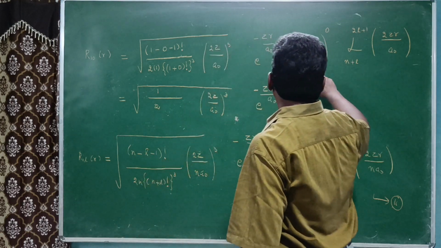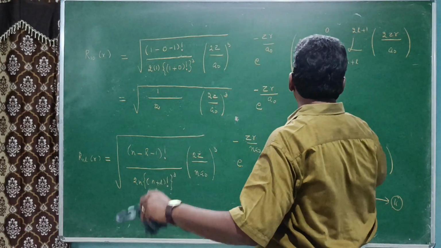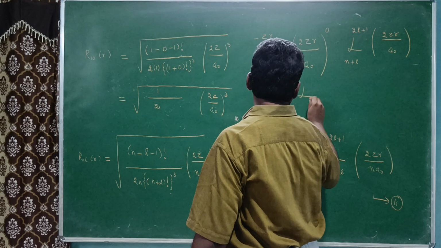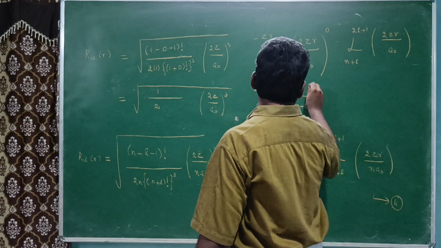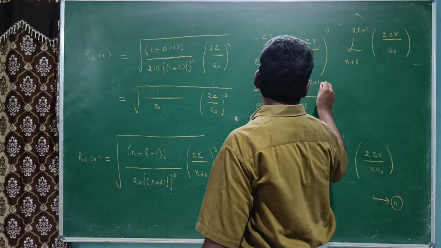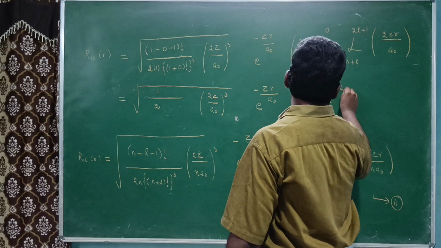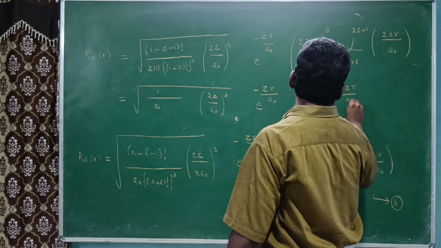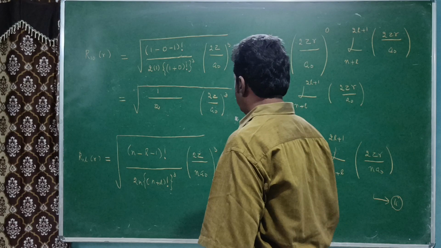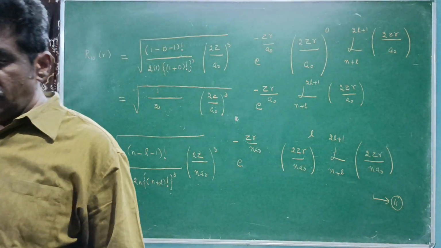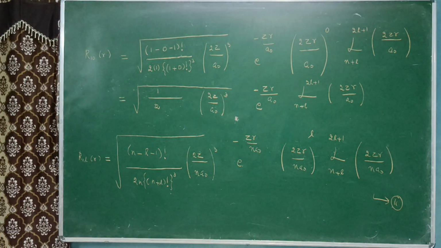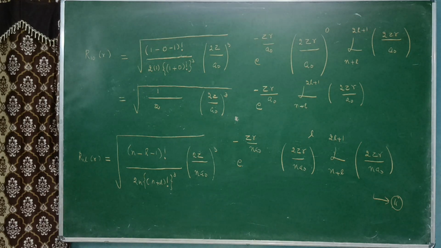Then 2Zr by a0 to the power 0 is 1, into this polynomial L of n plus L, 2L plus 1 of 2Zr divided by a0. Now we have to find out the polynomial value to get the R10 of R value.